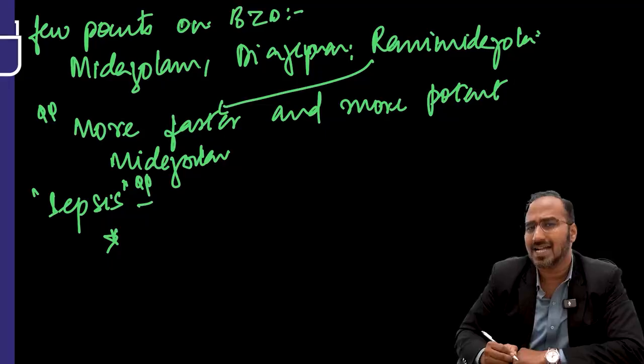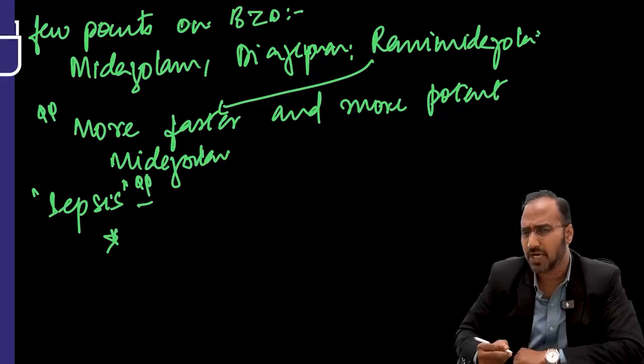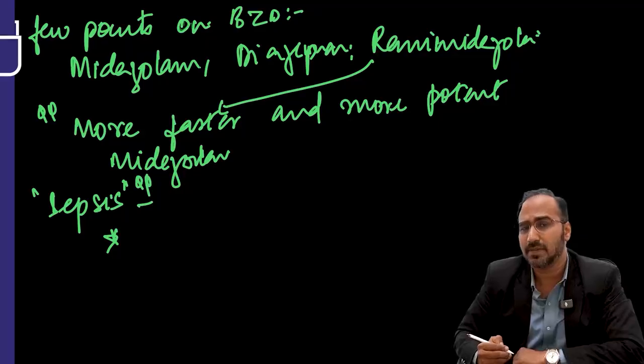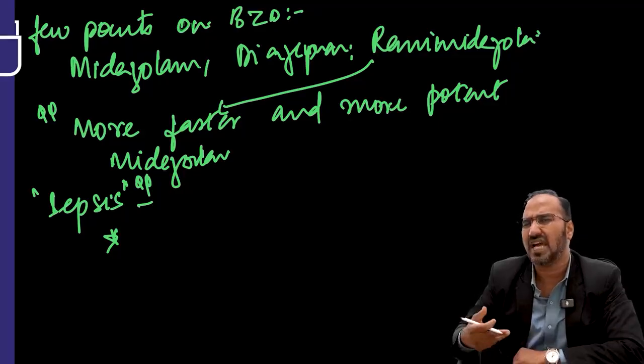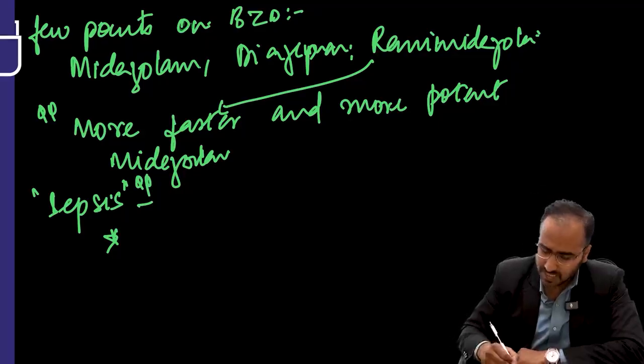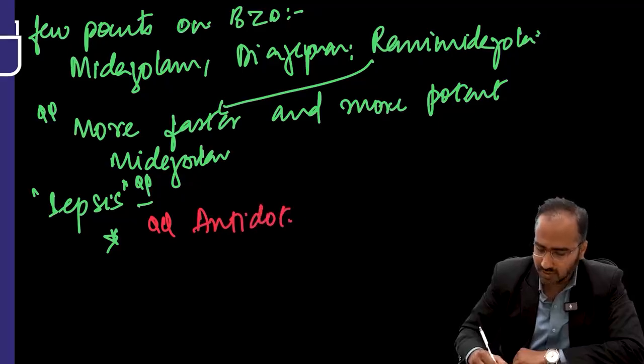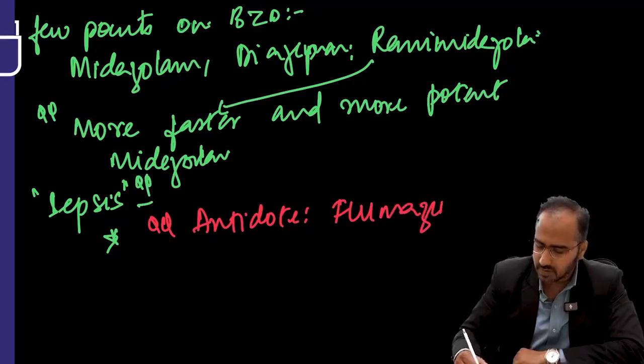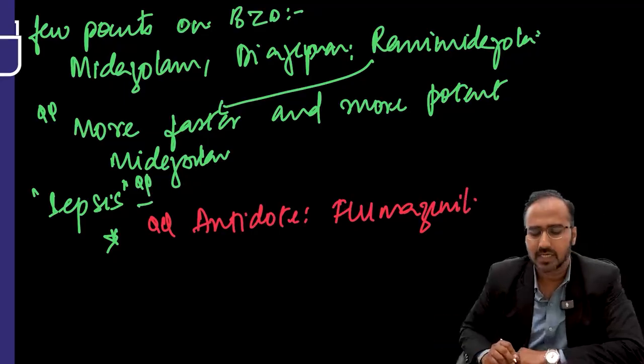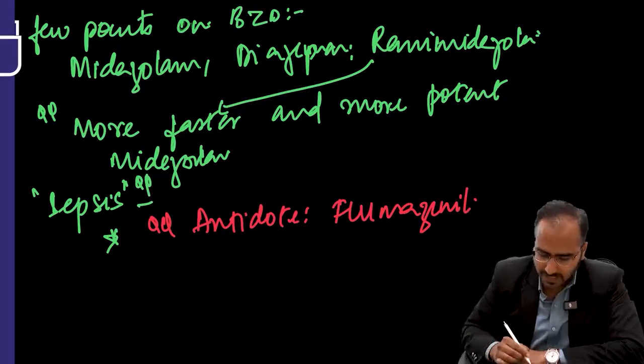Just a miscellaneous point on benzodiazepines: if the patient lands up in benzodiazepine poisoning, if you have given a very high dose, the antidote used for reversal is flumazenil.